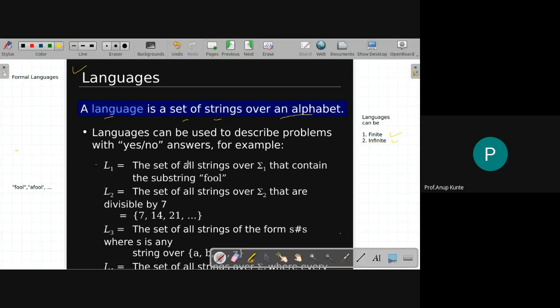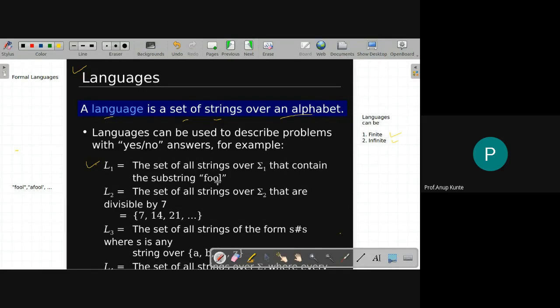Now see, this is the way we define sets. L1, in English, I represent it like the set of all strings over sigma 1 that contain the substring fool. So April Fool, then Fuller, full toss. Full toss is a different spelling, but all these strings will have the substring full.